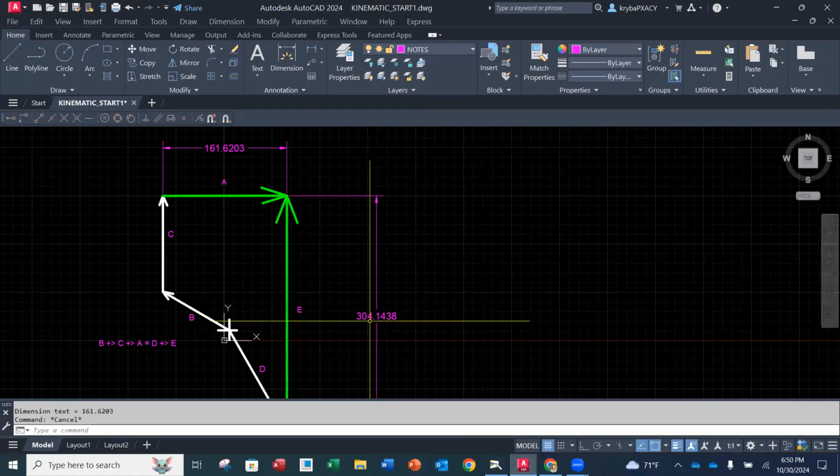Let me go back. I forget my numbers. I got 161.6 and 304.14. How did you guys do? You got 304.9? So you got 162 and 304. Okay, so you got really close to my numbers here.